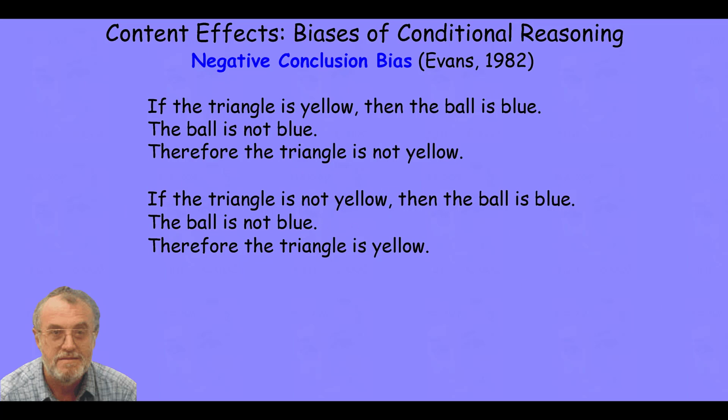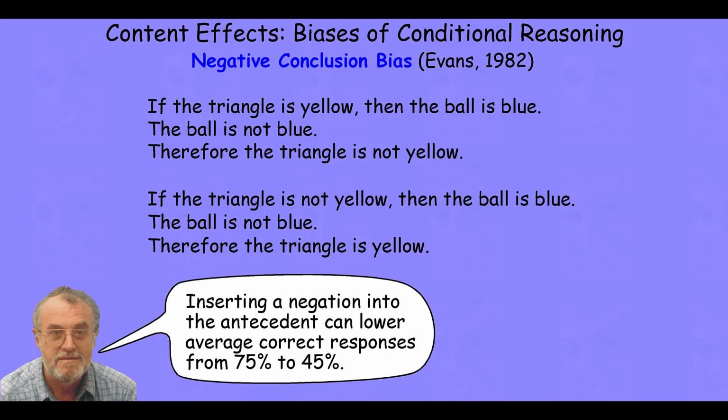And what Evans discovered is that by inserting that negation into the antecedent, so that the conclusion in effect is that it's not the case that the triangle is not yellow, that little bit of introduced complexity, that single negation and getting rid of it in evaluating the argument, was sufficient to lower the correct responses from 75% correct to 45% among his students at Stanford.